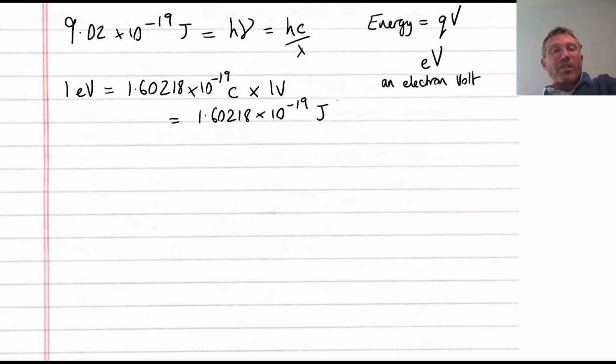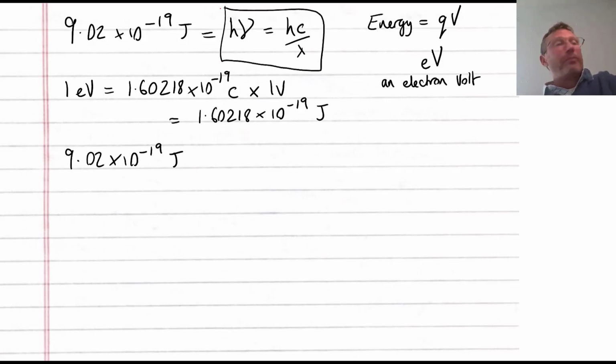So let's convert 9.02 times 10 to the negative 19 joules into wavelength. Again, we remember up here, we can do this. I'll let you do the simple algebra, but this ends up giving us a value of 220.6 nanometers. This is in the UV range.